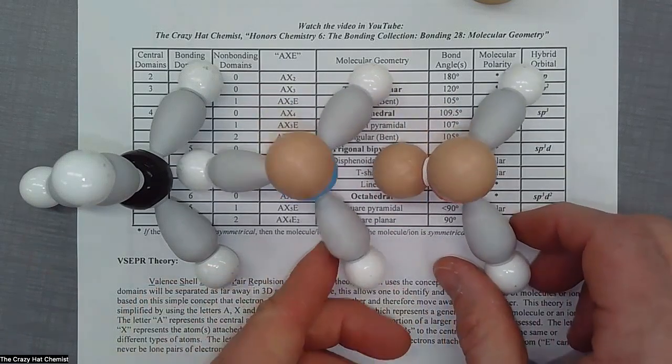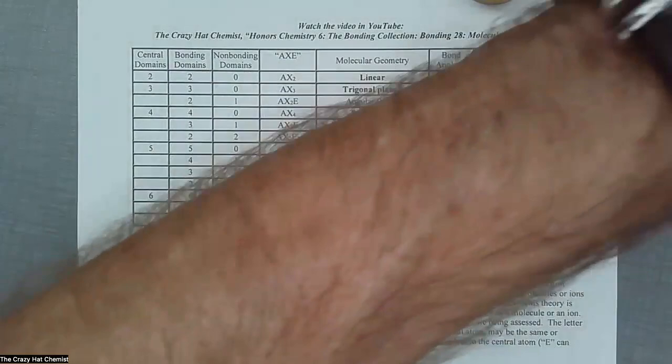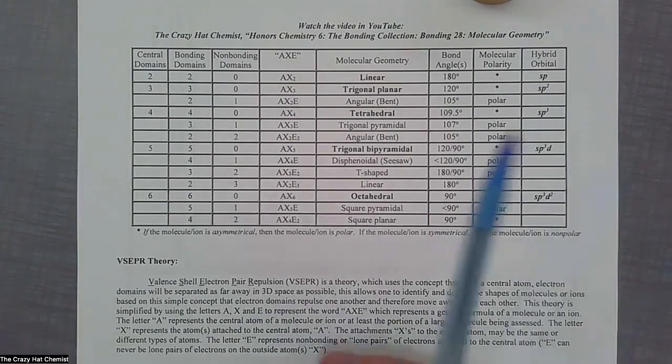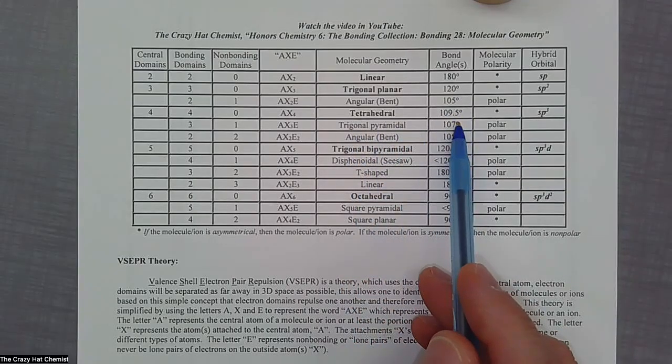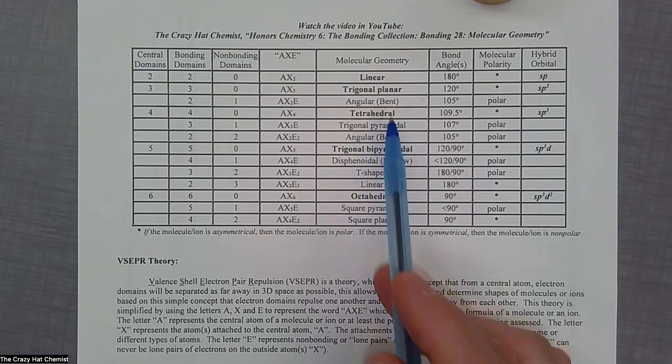Now, these are not set bond angles in stone. They can vary, and so each molecule is certainly different than the next one. But in general, that's why we have tetrahedral 109.5, trigonal pyramidal 107, and angular or bent 105.